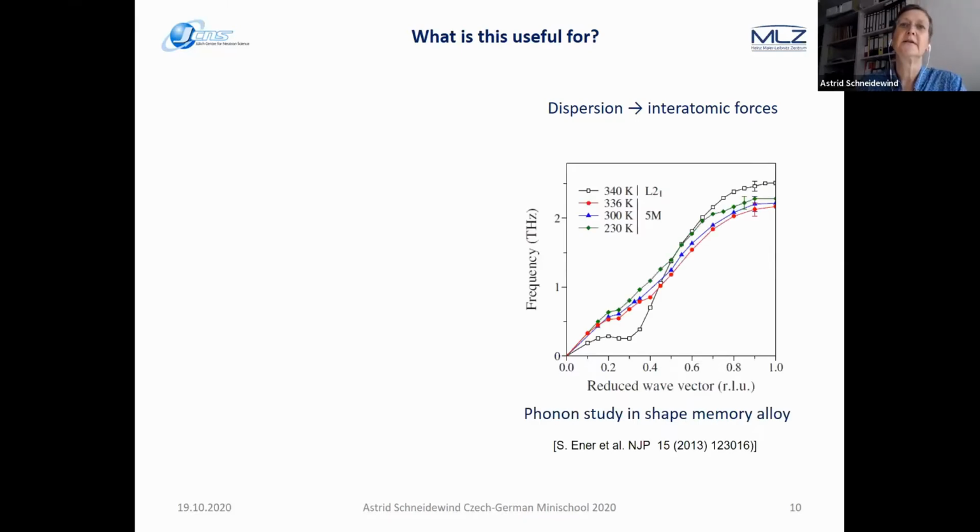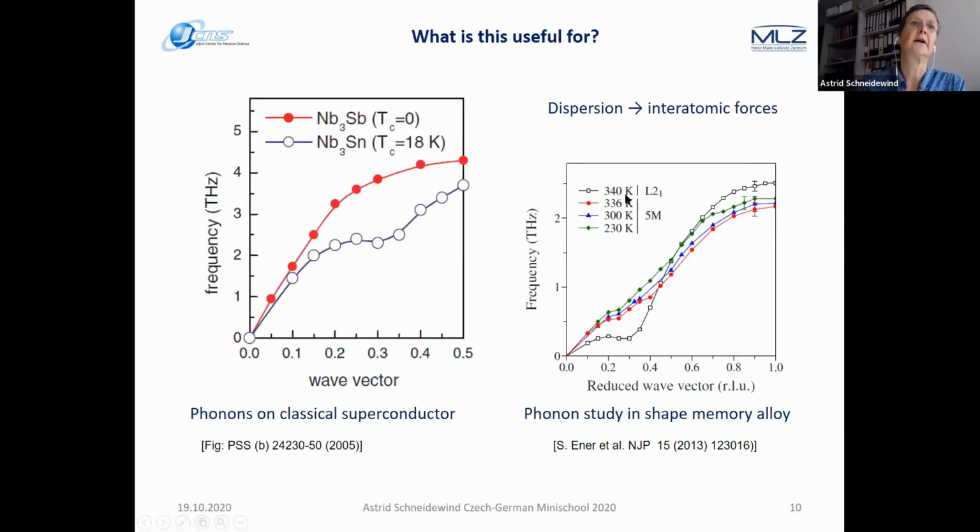But in addition, you can see here in the example of the shape memory alloys that you also have significant changes of these phonon dispersions when you, for instance, have a phase transition here, or in the other case of the classical superconductors, characteristic softenings or changes in the dispersion if you compare with, in this case, a non-superconducting compound, which are related to interactions of the phonons with other partners.